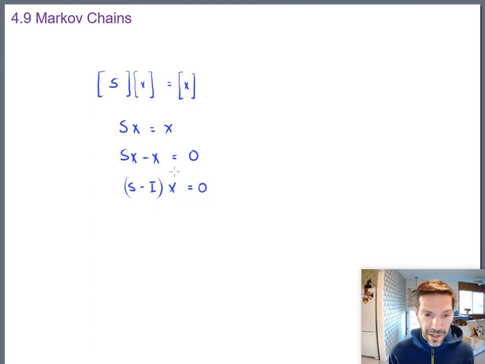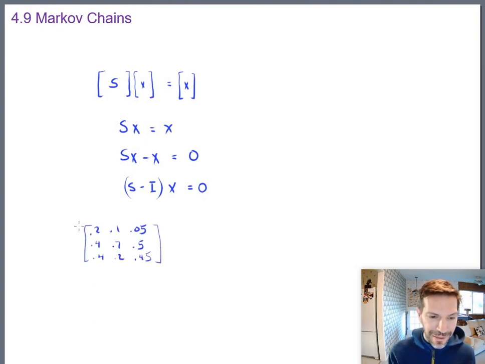And the x's, again, are the unknowns. That's what we're trying to solve for. That's our steady state vector that we don't theoretically know yet. But notice what we're trying to solve is the stochastic matrix minus I equals 0. So let's go back to our sunny, cloudy, rainy matrix and see if we can set this up.